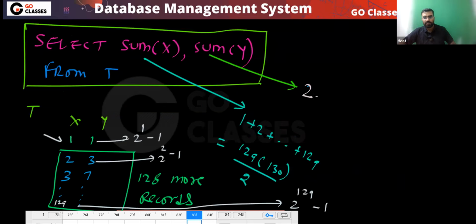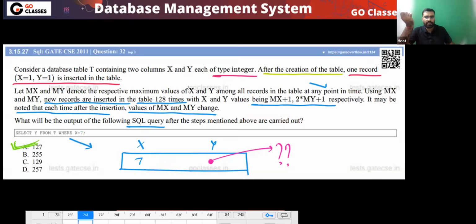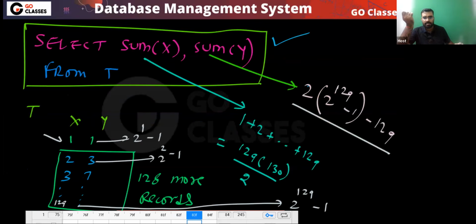So this will be 2 into 2 power 129 minus 1, minus 129. So like this, these are some mathematical variations. Is this clear to everyone? Because the question is saying that 128 times more tuples are inserted, so your answer will be this. Correct? They can give this type of query also.